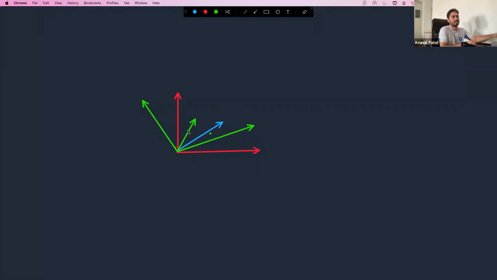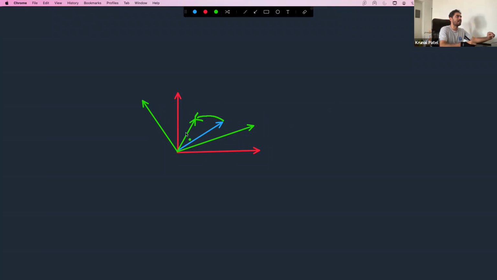It depends on how my matrix has transformed the entire vector space. So this vector is transformed into this vector, and every vector in this vector space will be transformed into some other vector, and that will define another vector space. Now, what can happen is I can do something more, right?